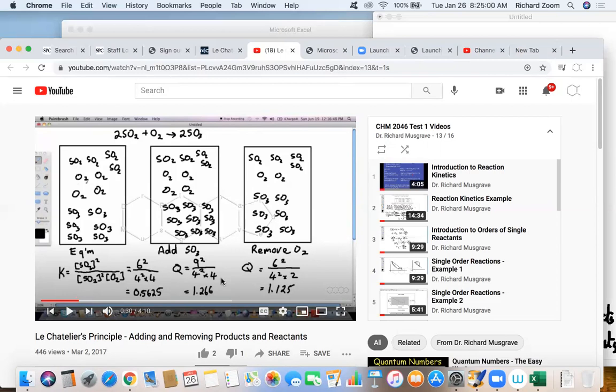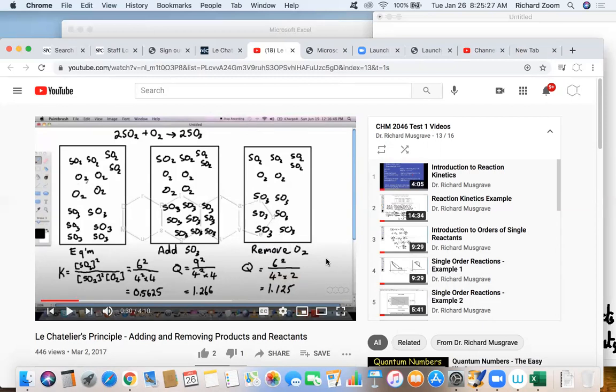Does anybody have any questions? Now, if we're removing O2, what I've done is taken the equilibrium situation over here and taken away two O2s. You can see now that the Q value becomes 1.125, and that is still greater than K. So again, removing O2 has the same effect.